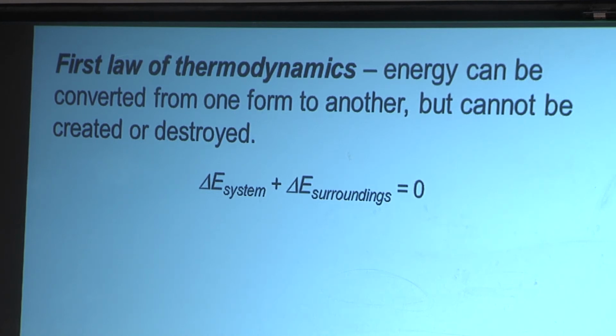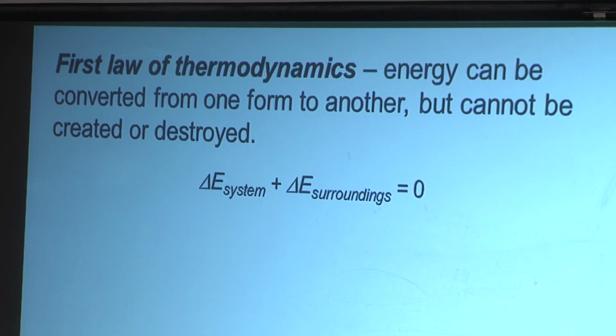If E represents energy, and we've just thought about delta E in the last slide, the delta E of the system plus the delta E of the surroundings for anything that happens must equal 0. Another way of stating the first law of thermodynamics is the total energy in the universe never changes.